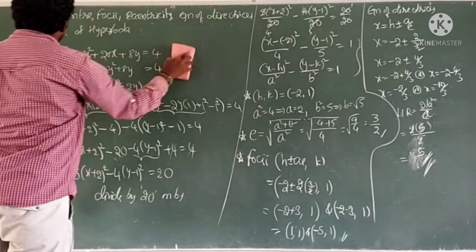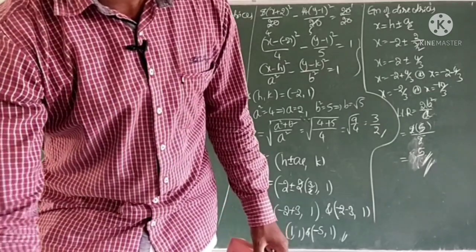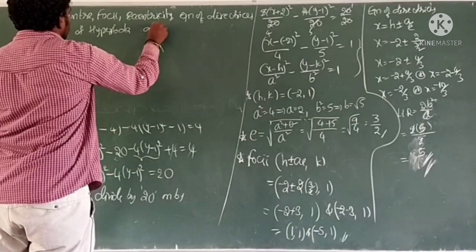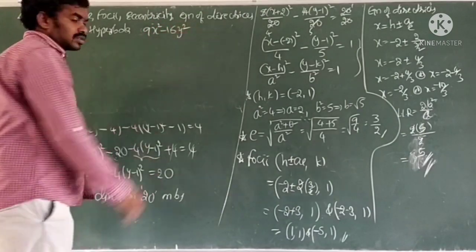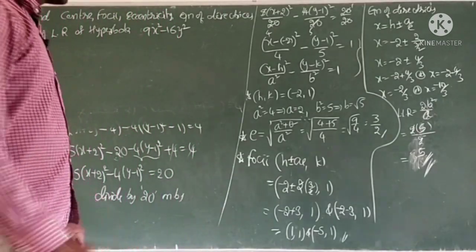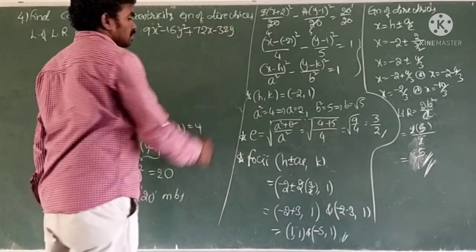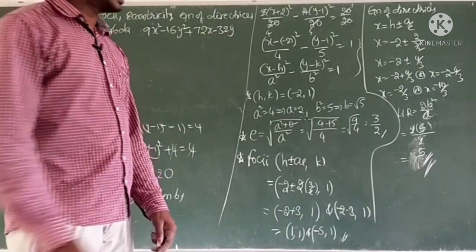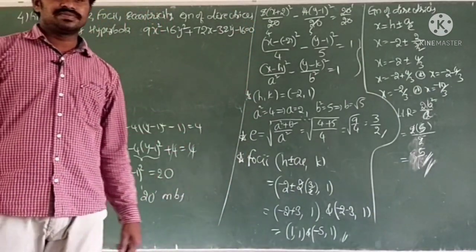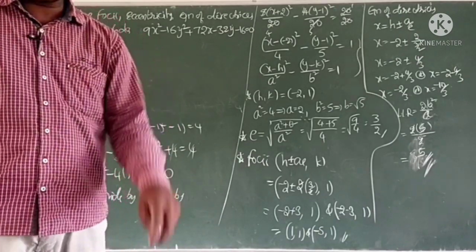The fourth one: the equation is 9x square minus 16y square plus 72x minus 32y minus 16 equal to 0. You do it in the same procedure, change the formulas according to the given condition.